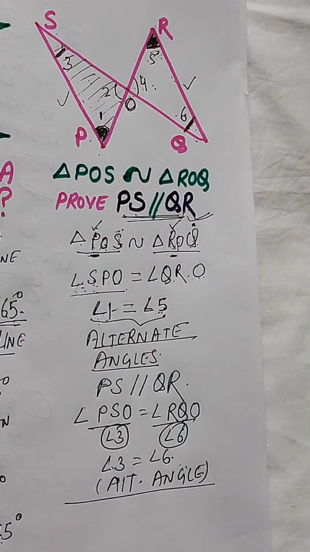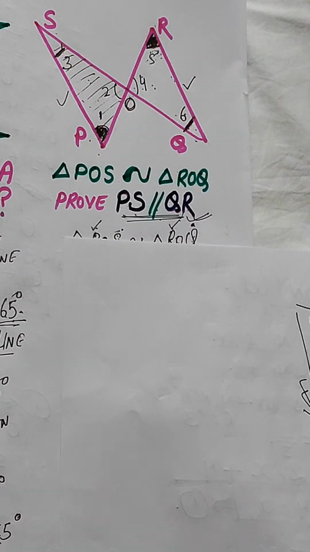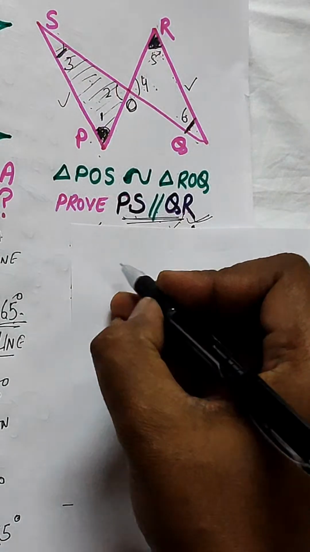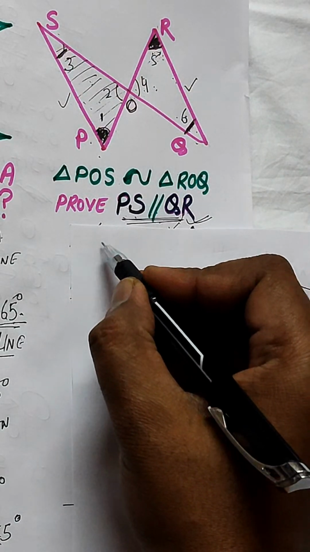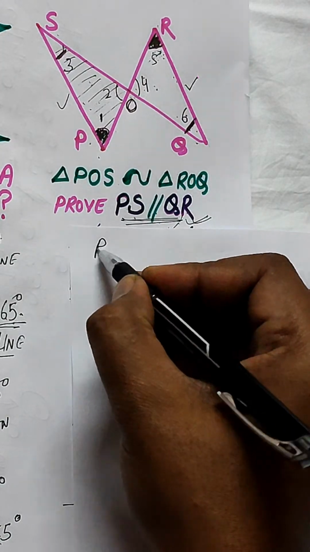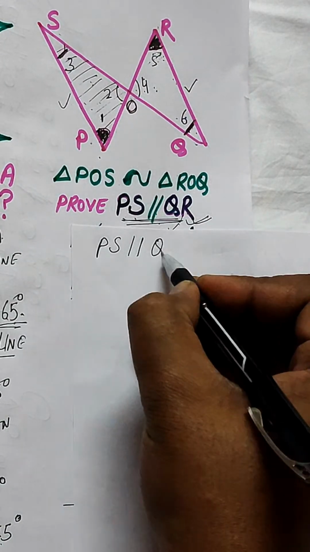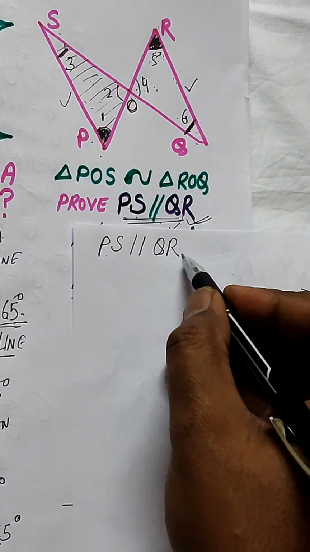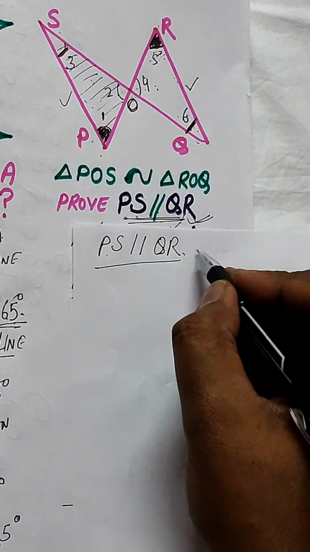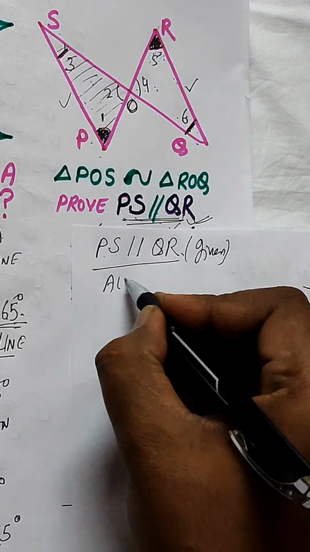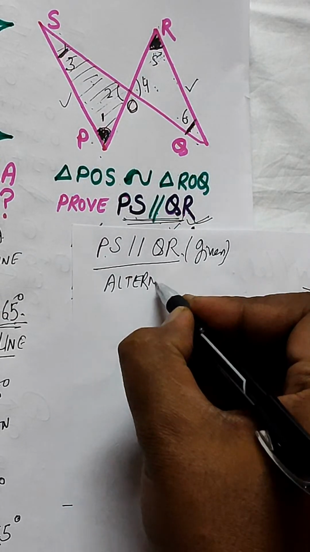Alternatively, we are solving it. Just a minute. In the second part of the question, we are proving the vice versa part. It's given that PS is parallel to QR, right?